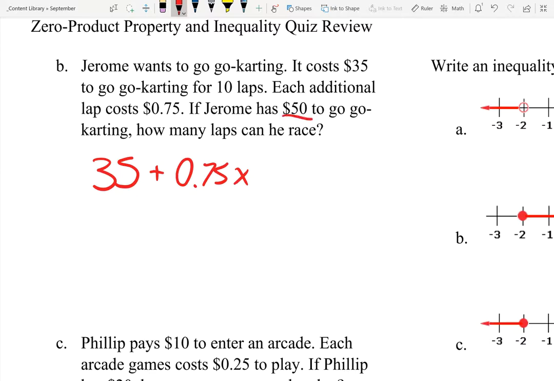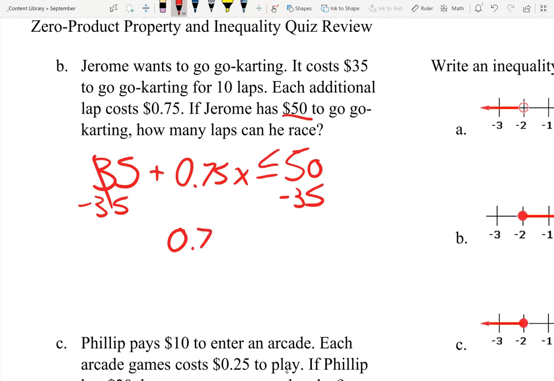Now, he has $50, so he cannot spend more. He can spend less than or equal to $50, but he cannot spend more than $50 because he doesn't have more than $50. So the amount of money he spends has to be less than or equal to 50. So now we're going to solve this. We subtract 35.